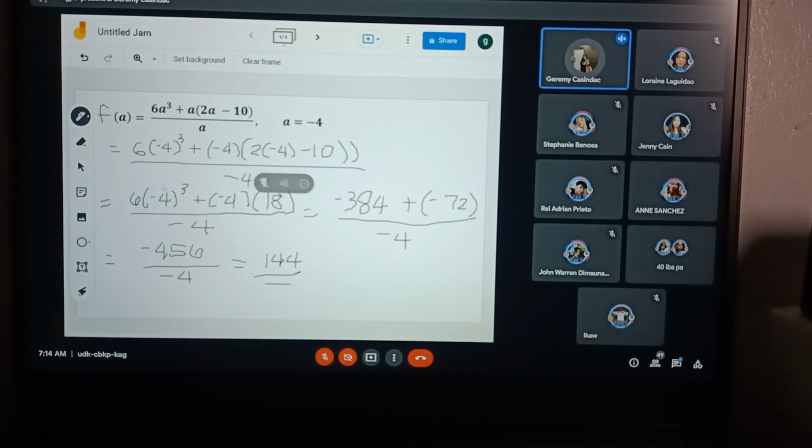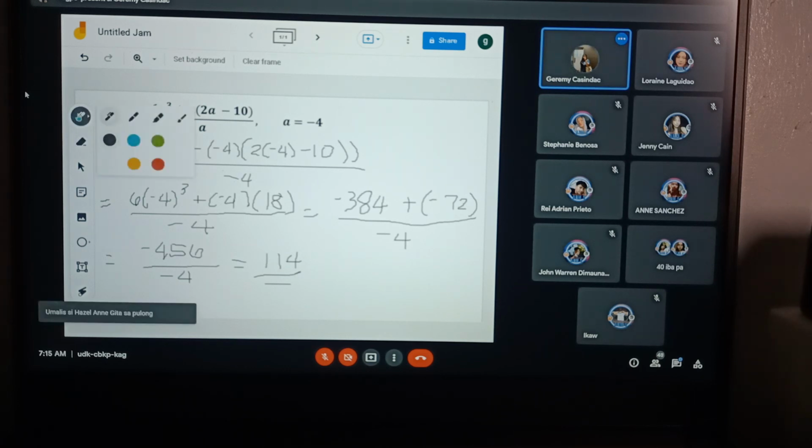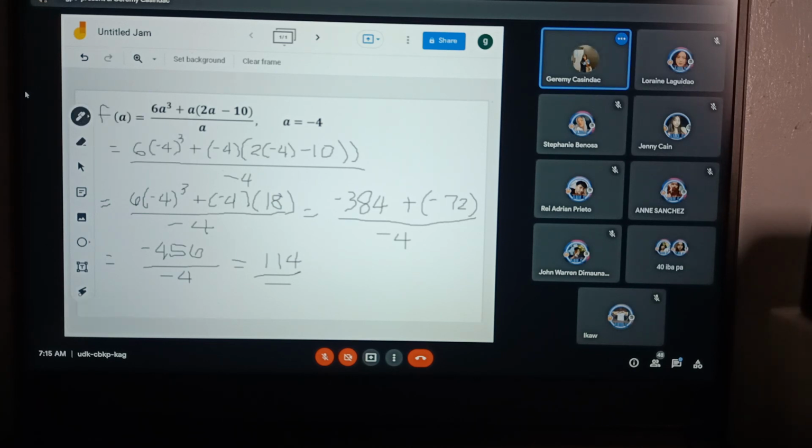Okay, 114 nga pala, hindi 144. Okay po, ma'am. Salamat. So the final answer would be 114, not 144. Ayun. Okay na? Sorry. May concern pa po ba dito sa example number 3 natin? Wala po. Wala na.